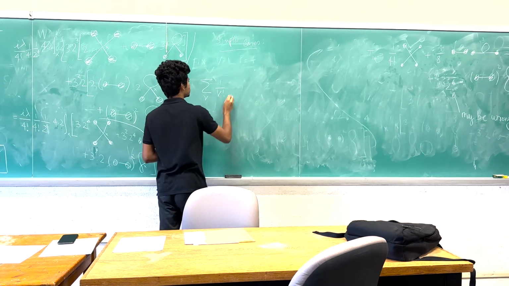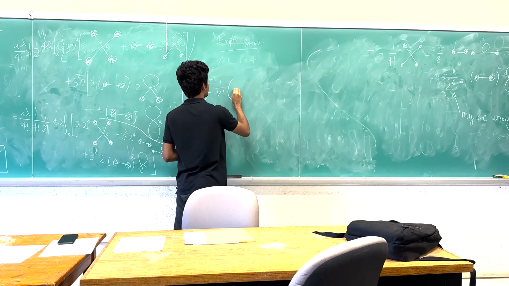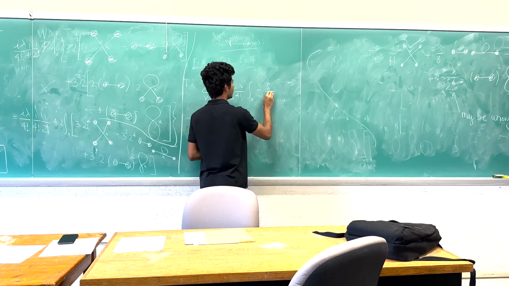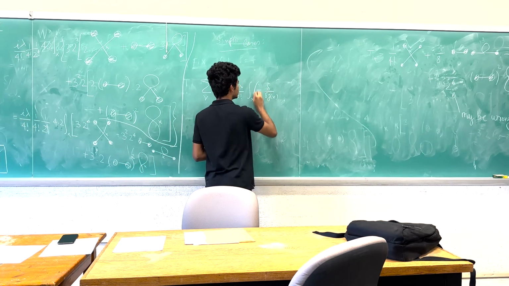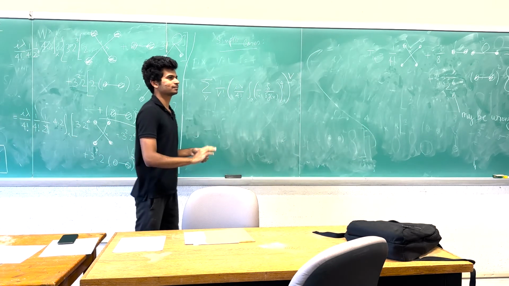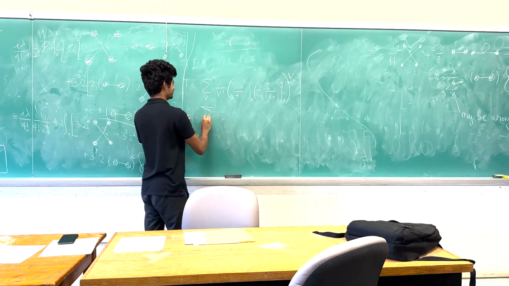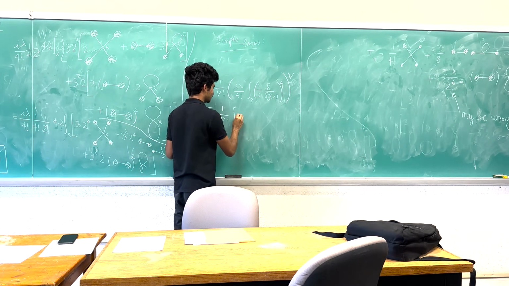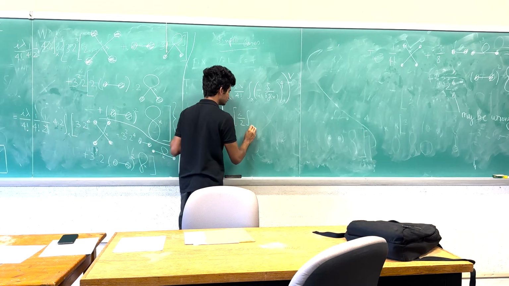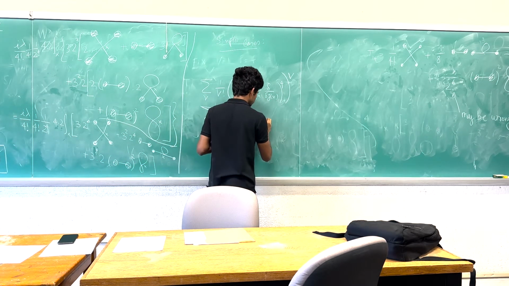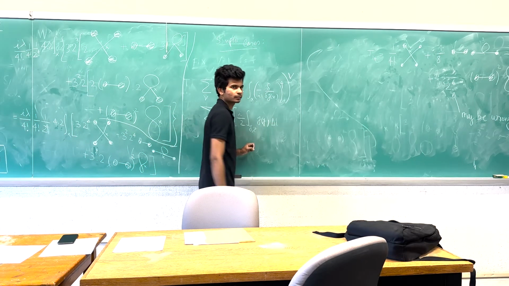The v factorial. Why don't you look at your note, like what factor is there because of this?